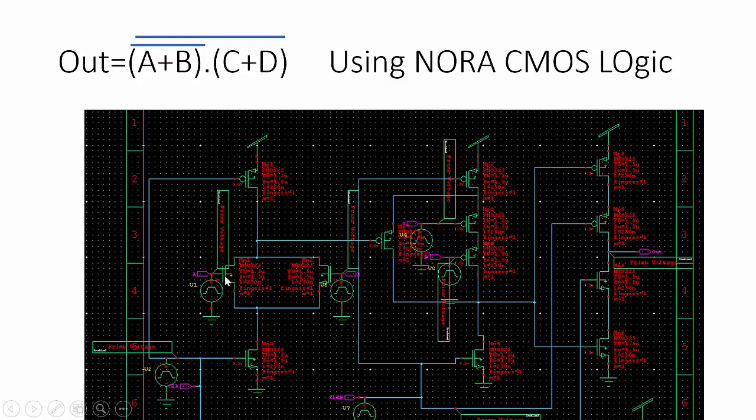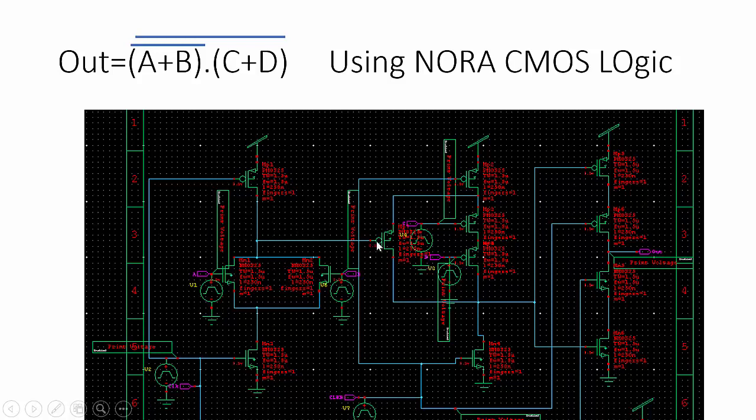To represent (A plus B) bar in NMOS logic, two NMOS transistors are in parallel. Here we will have PMOS and NMOS. It is connected to the clock. Then for the next section we have to take the output from this position.